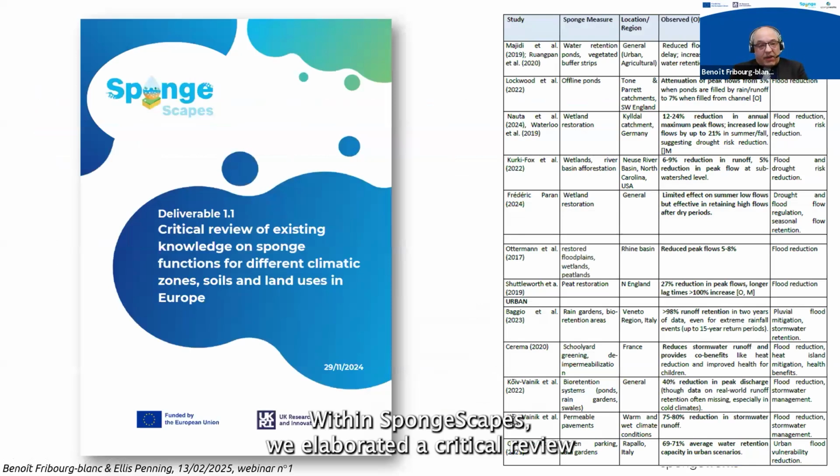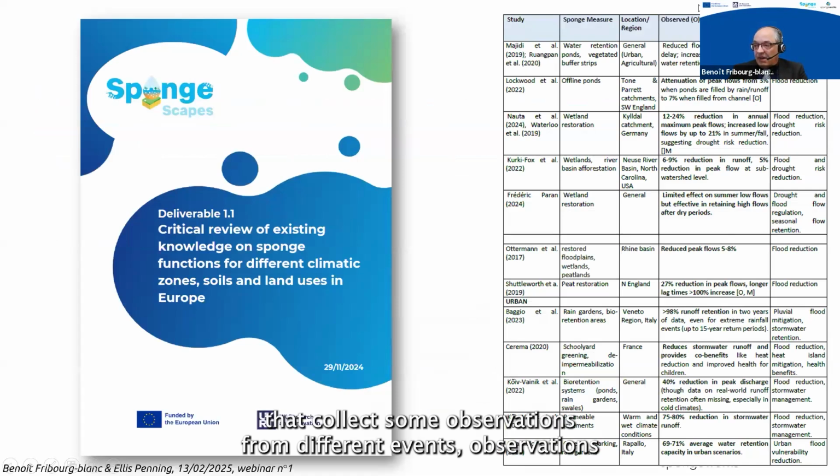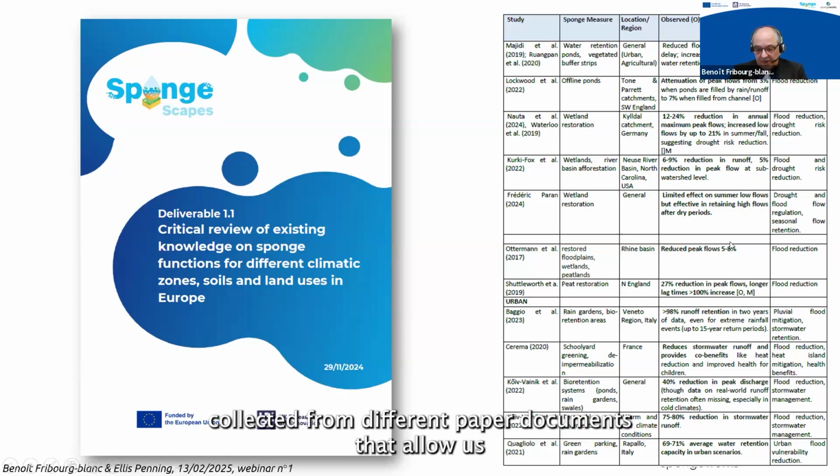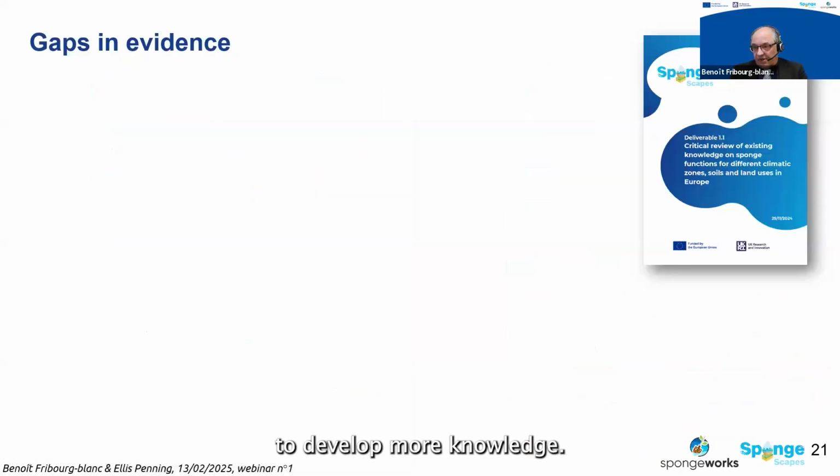Within SpongeScapes, we elaborated a critical review of the existing knowledge on sponge function. And we started the elaboration of a set of tables gathering some observed and modeled effects from different events and from different paper documents that allow to build and elaborate the knowledge.